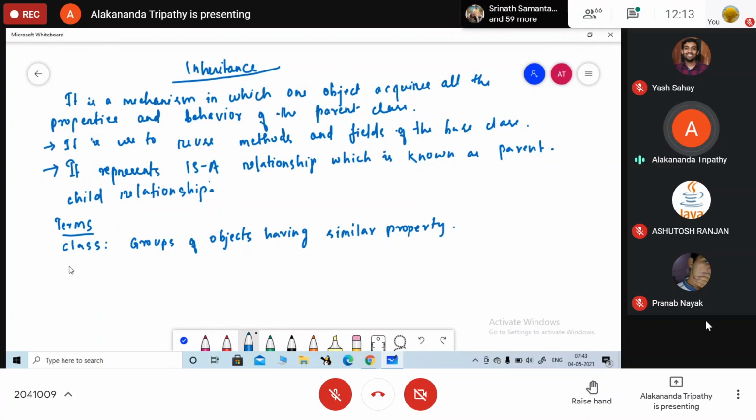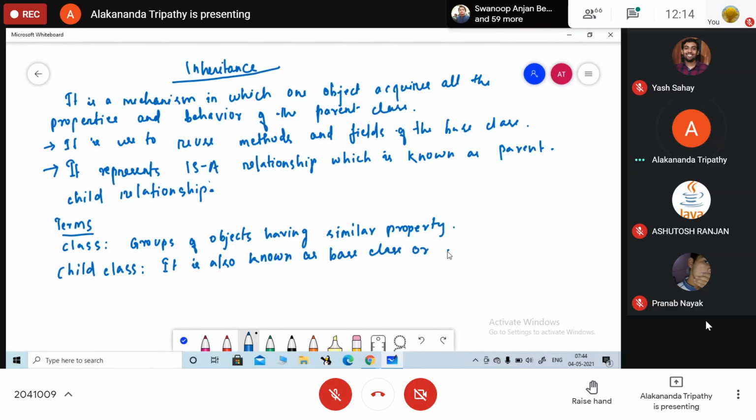Then there is another term we are going to use here, child class. Okay, it is also known as derived class or subclass.